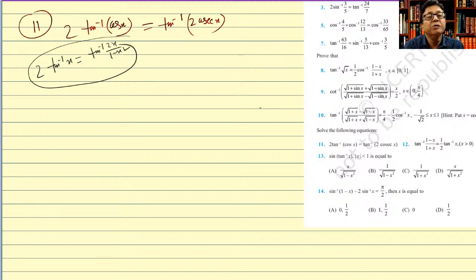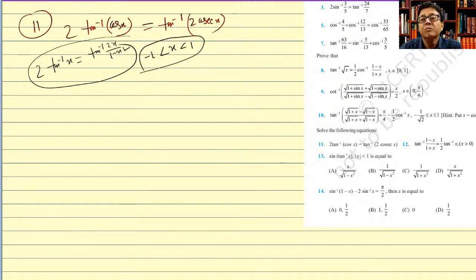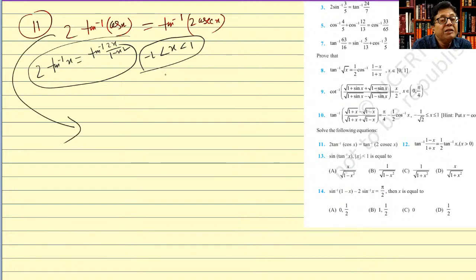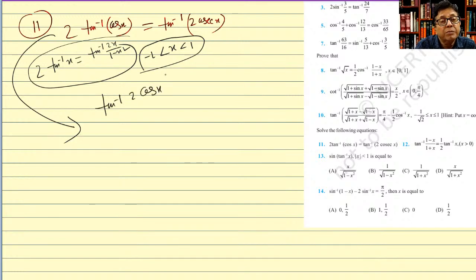This you can use only when this thing is positive, that is, x greater than minus 1 and less than 1. This property you need to remember. This is an additional one: x greater than minus 1, less than 1. And that is true for cos x. Cos x is greater than minus 1, less than 1. So this you can easily convert, isn't it?